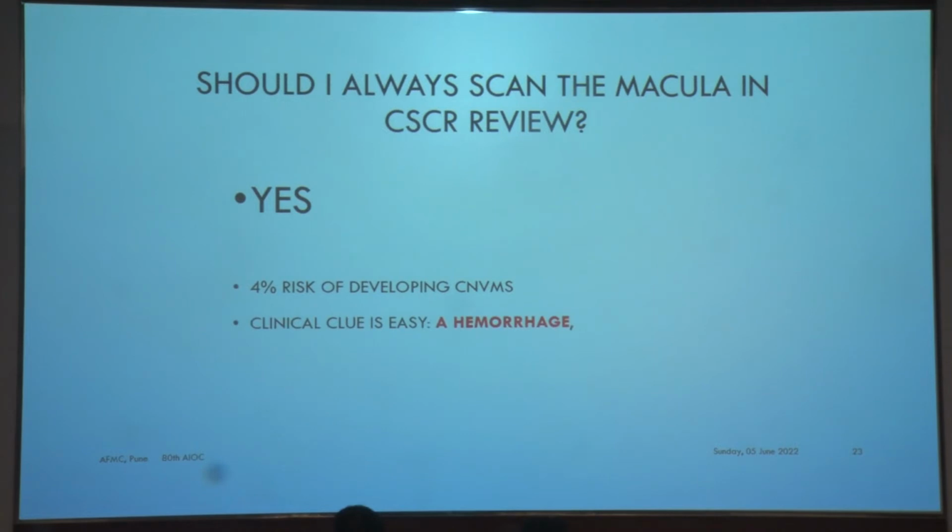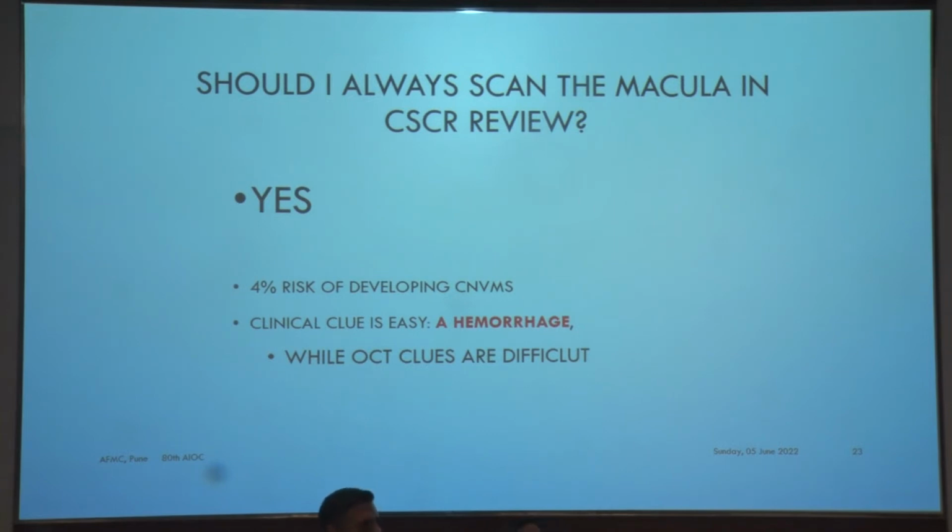All said and done, CSCR does have about a 4 to 5% chance of developing CNVMs. Though the clinical clue of developing CNVM, such as hemorrhage, is very evident, by the time the patient is presenting with hemorrhage, it's quite late, and we would rather diagnose it early if the CNV is existing and treat it at the right time.